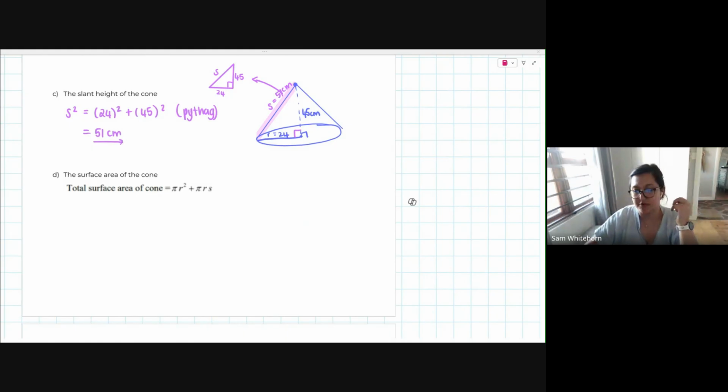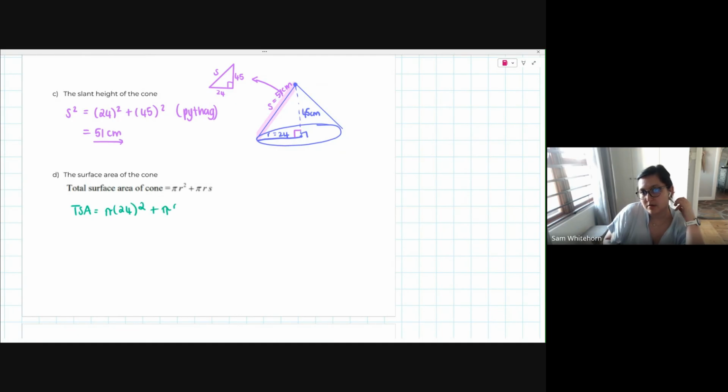Right, give me a thumbs up if we agree. That's the total surface area. Sorry, I said agree. Do we all agree with 5,654.87 centimeters squared? Give me a thumbs up if we're all in agreement with that. No one agrees.